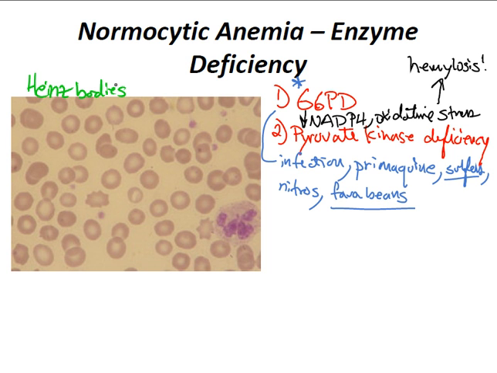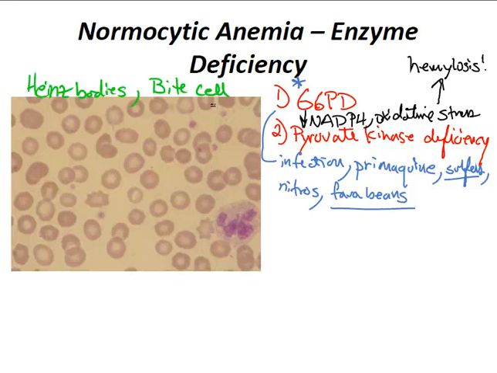A Heinz body is an intracytoplasmic aggregate of precipitated hemoglobin. But you also see something called a bite cell. Bite cells form when a splenic macrophage attempts to phagocytize the Heinz bodies. Therefore, it leads to the formation of bite cells. So that is G6PD for you in a nutshell.